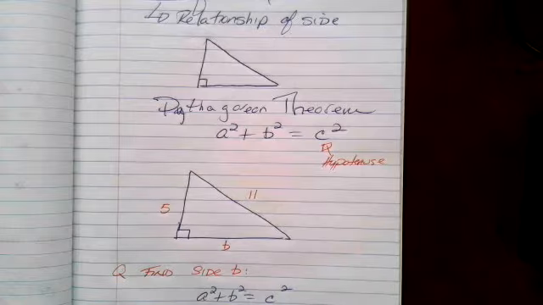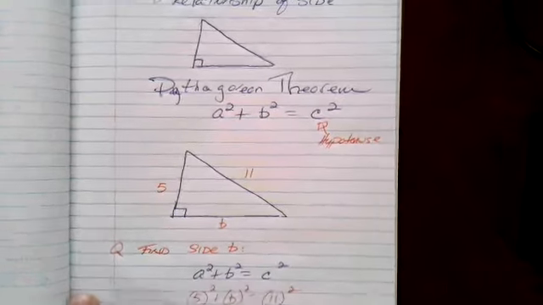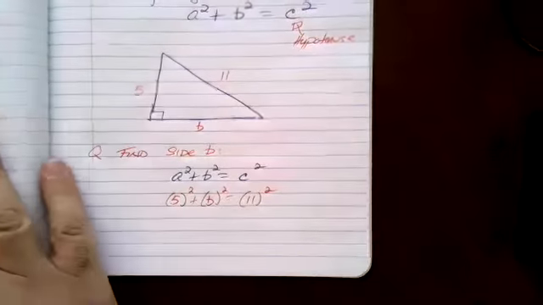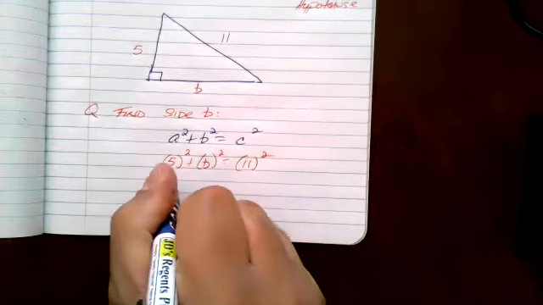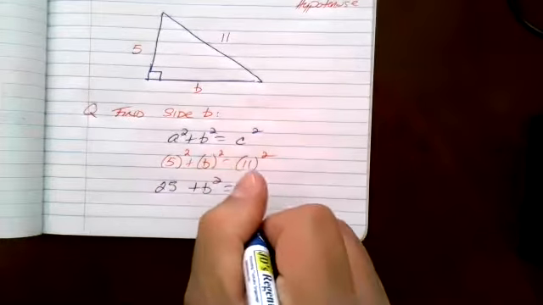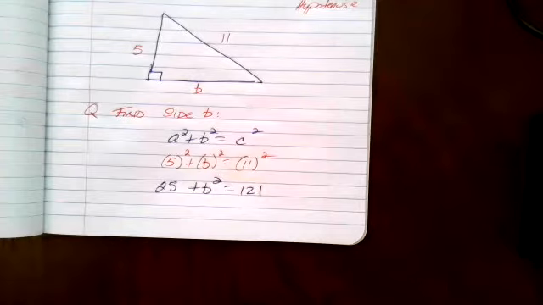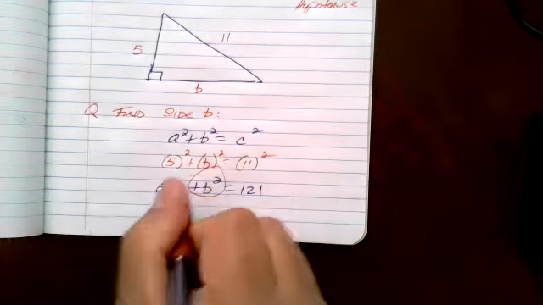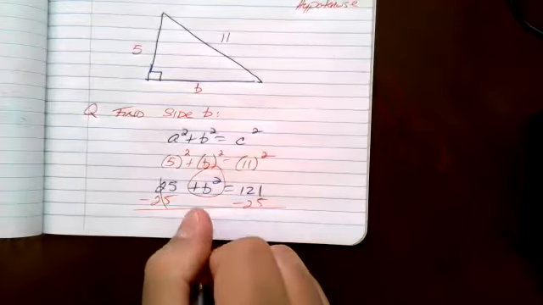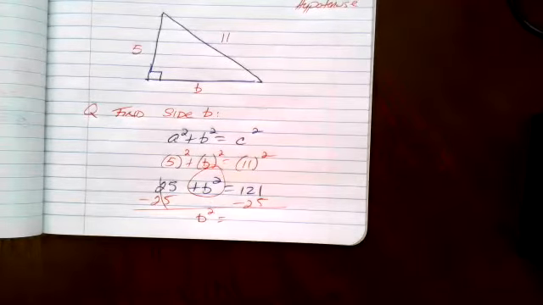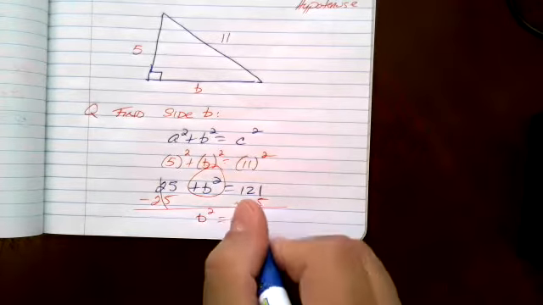I'm going to let A be 5, so I have 5 squared plus B squared is equal to 11 squared. So I have 25 plus B squared is equal to 121. I want to get B squared by itself, so I'm going to subtract 25 from both sides of the equation. I have B squared is equal to 121 minus 25, 96.